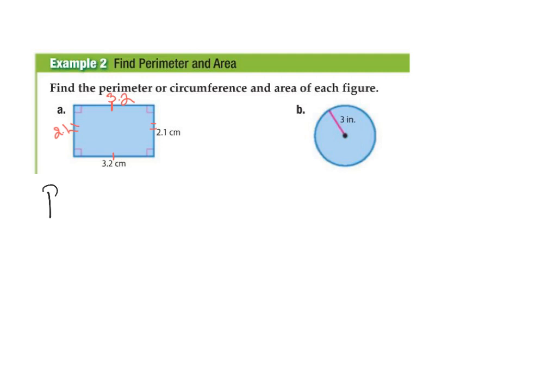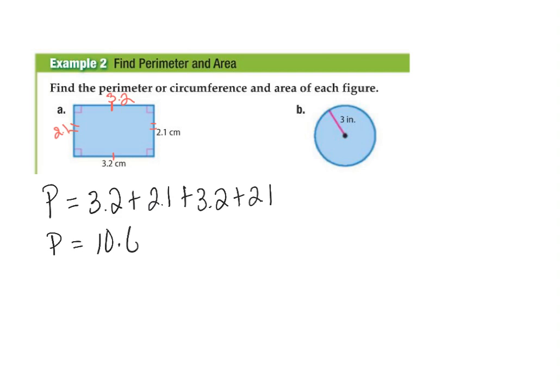So I could say perimeter, or P, is equal to 3.2 plus 2.1 plus 3.2 plus 2.1. So perimeter will equal 10.6. We're talking about centimeters, and perimeter is just centimeters. That's it.